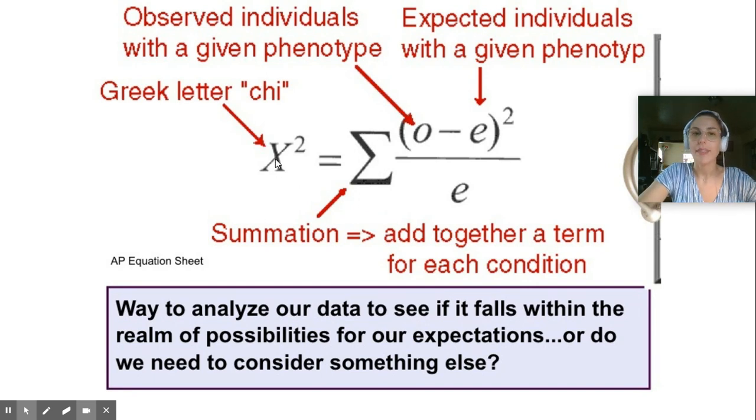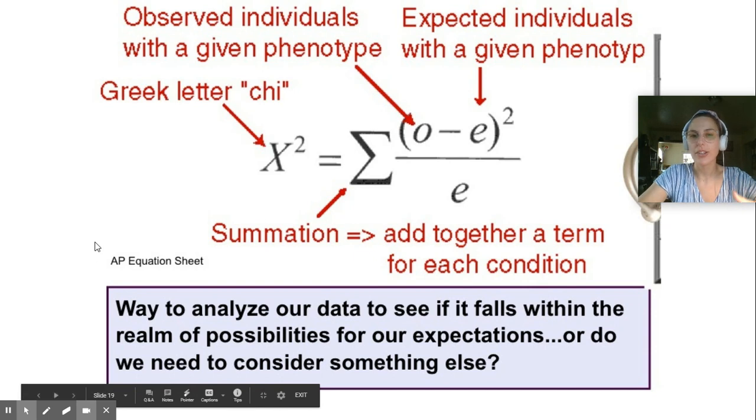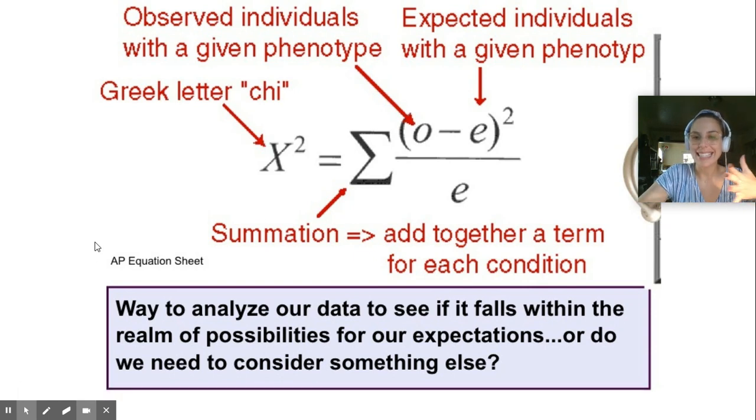And this x squared is the Greek letter chi. Basically it's a way for us to analyze our data to see if it falls within the realm of possibilities that we should expect, or is it so far out of that range that we need to consider that something else is influencing this.